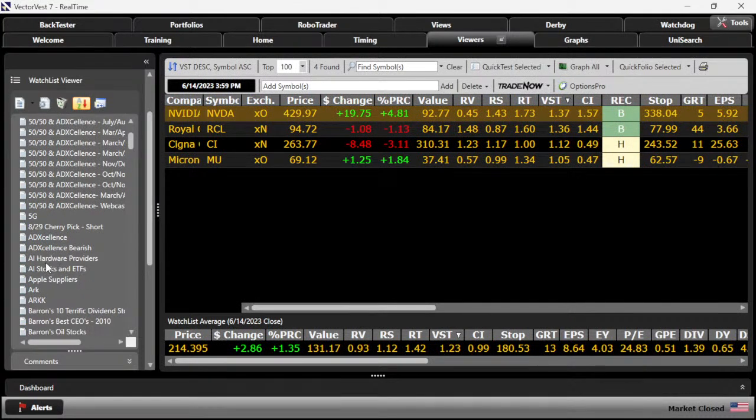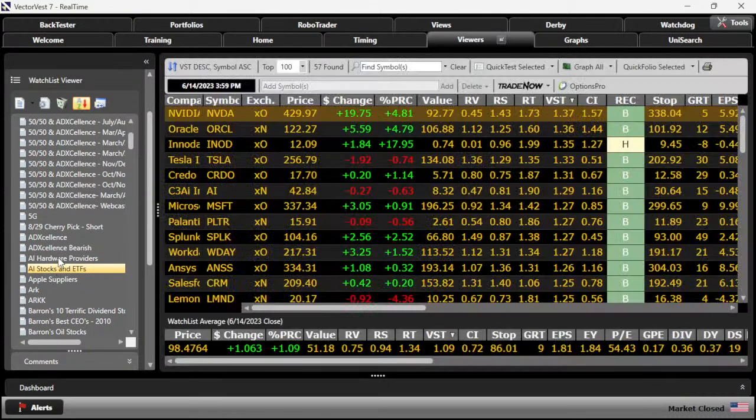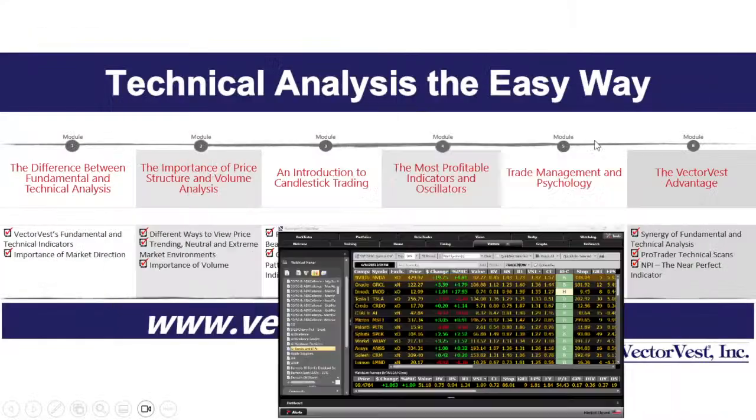So we have watch lists in the program called AI hardware providers and AI stocks and ETFs. You can create scans around those 2 watch lists. If you need help doing that, just give our support department a call. So we have 2 watch lists in there that find AI stocks. You can, again, build searches if you wanted to.